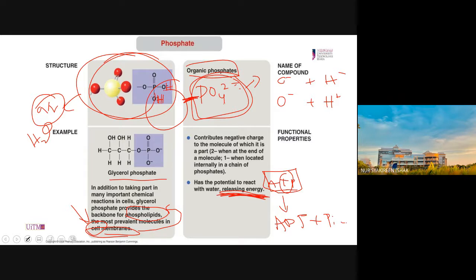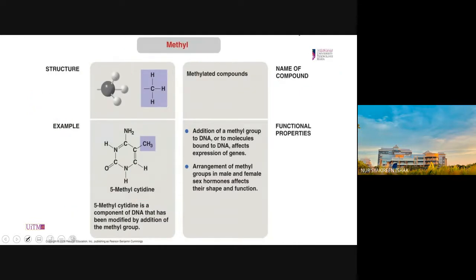The reaction will produce energy. This is the energy used by your body to carry out cellular activities, such as active transport or the movement of organelles from one region to another within the cell. So the last one is the methyl group.